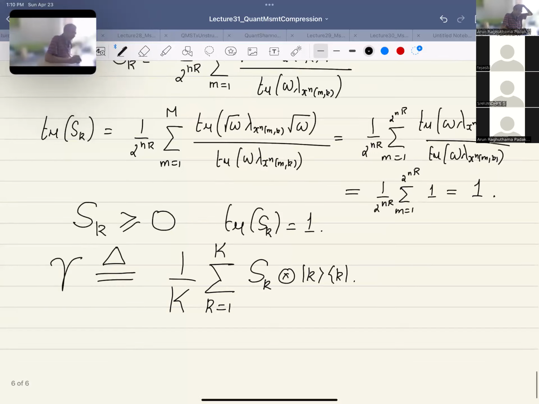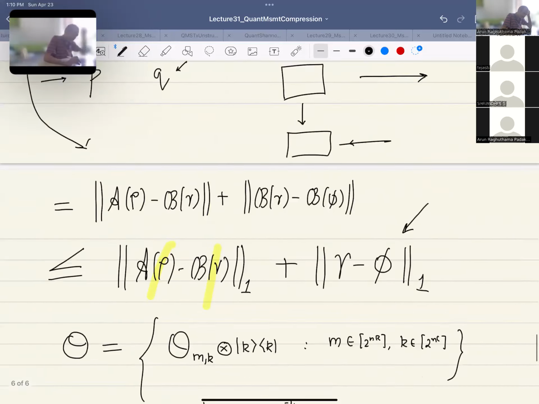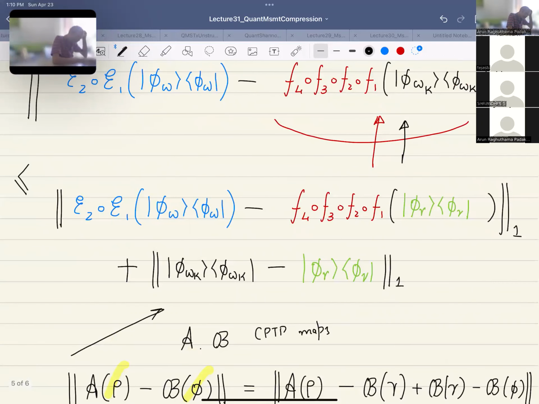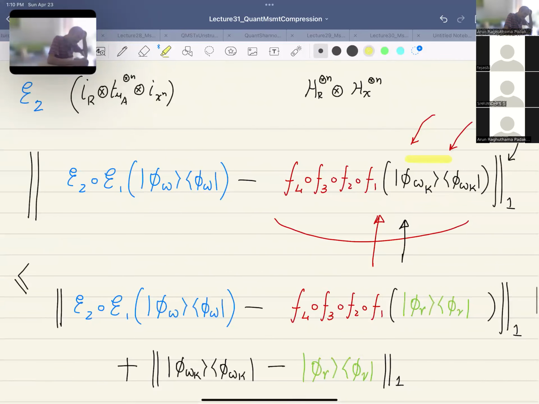Wait, let me explain. Let's go back here. I am substituting phi omega k with phi gamma, right? If phi omega k lives in HA tensor n tensored with HK, then phi gamma also should live in the same space. You can't live in a different space.